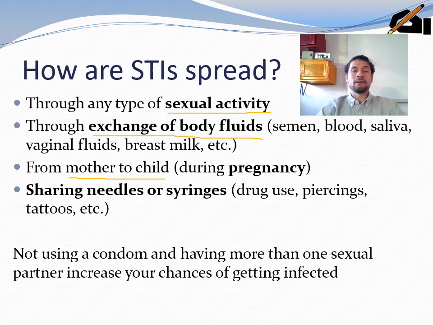We will see examples later, but it can cause death of the baby, among many other things. Or the baby can be born with a disease, and that's not a nice thing. Infections from mother to child can also happen through breast milk, while mothers are breastfeeding their kids.